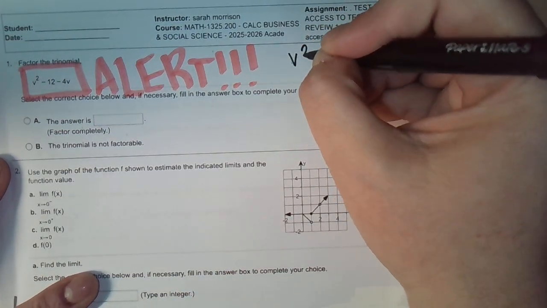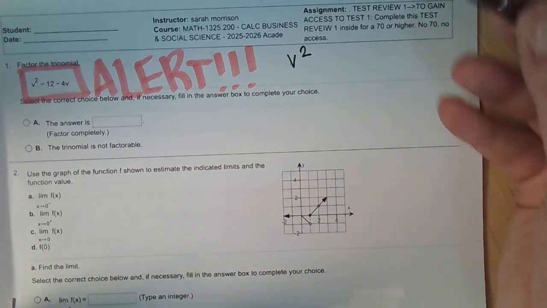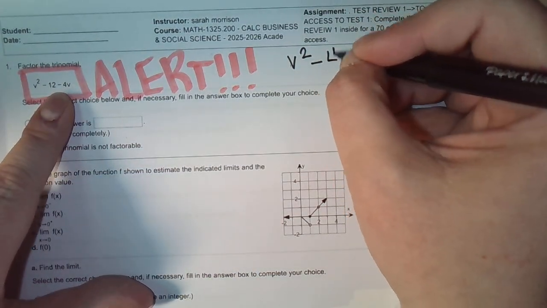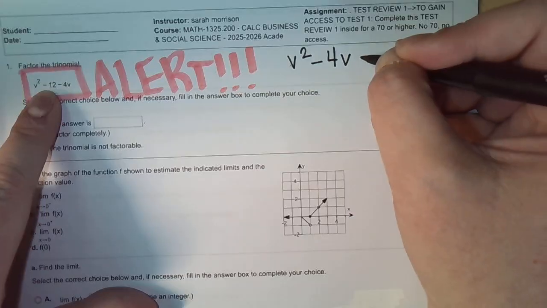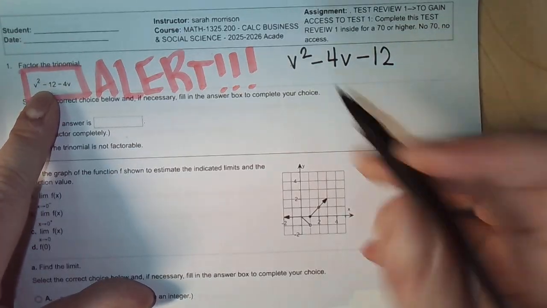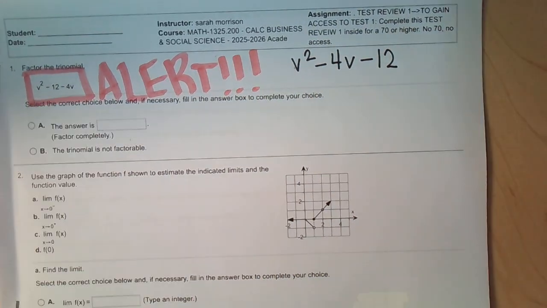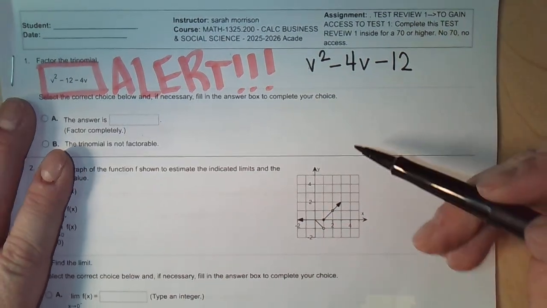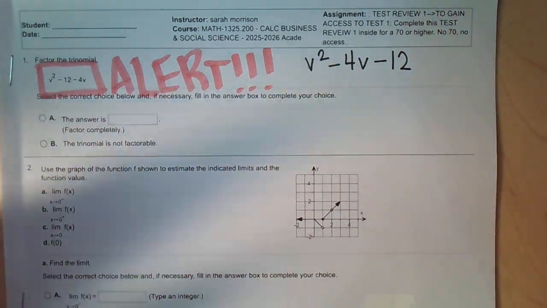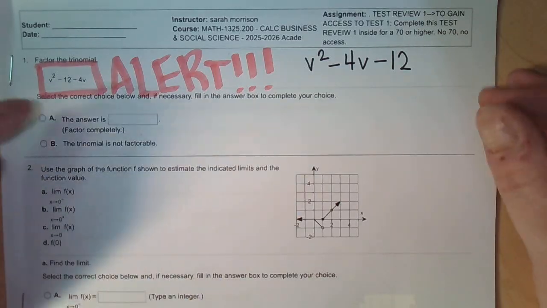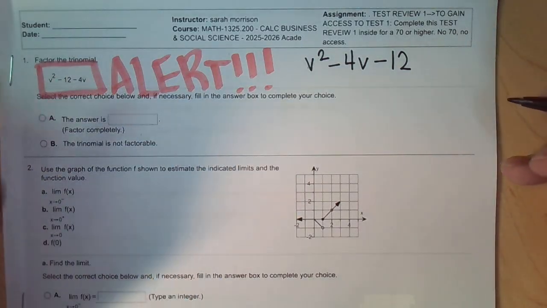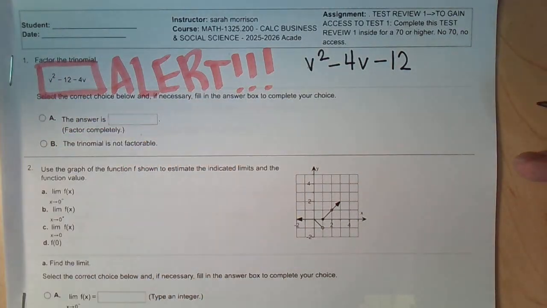So we have v squared, then the regular v term, minus 4v, then the naked number, minus 12. This is called decreasing order of exponents, and this is how it's going to be on your test. On number 1 on your test, if you don't put it in the correct order, you're going to get it wrong. 100%, I guarantee you.